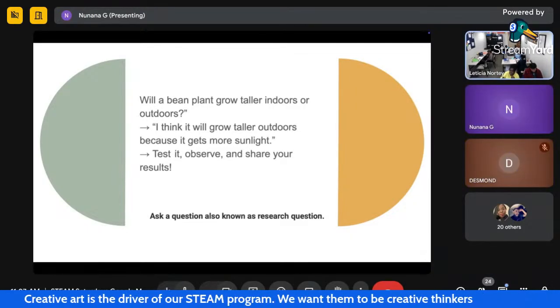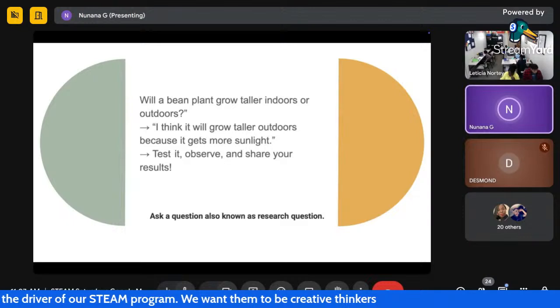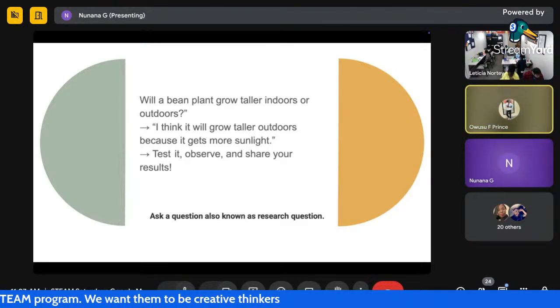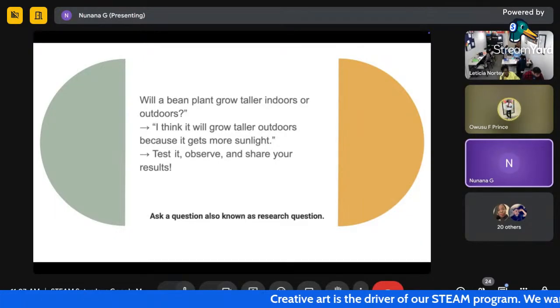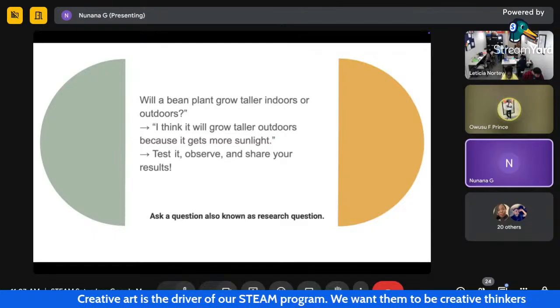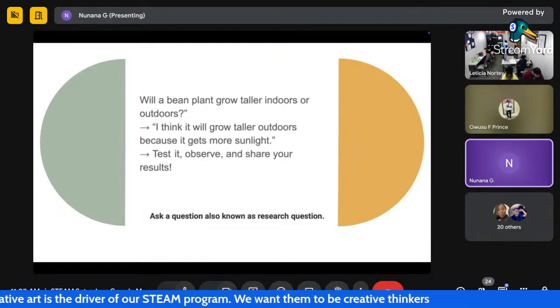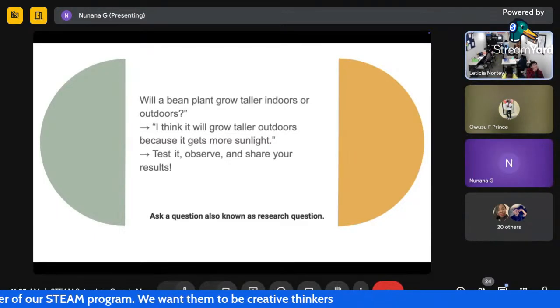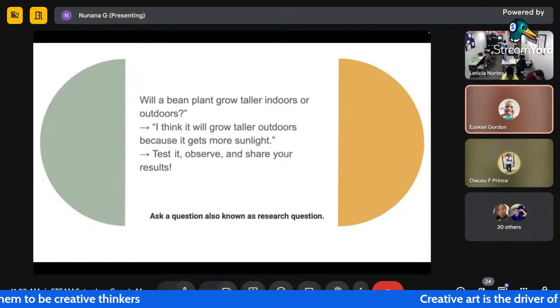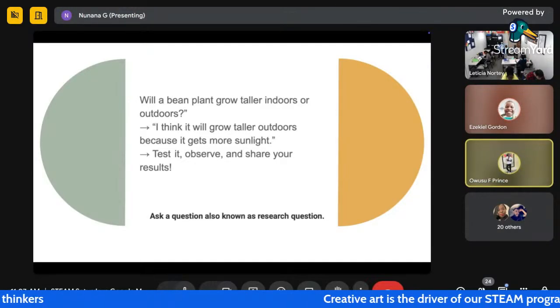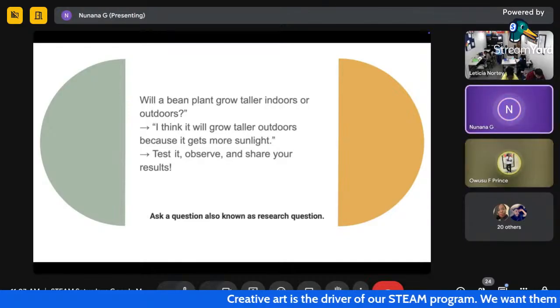Prince has his hands raised. Oh, yes, please. They'll grow tall outdoors. Outdoors? Okay. Why? Because it needs sun before it can... Oh, I couldn't hear.